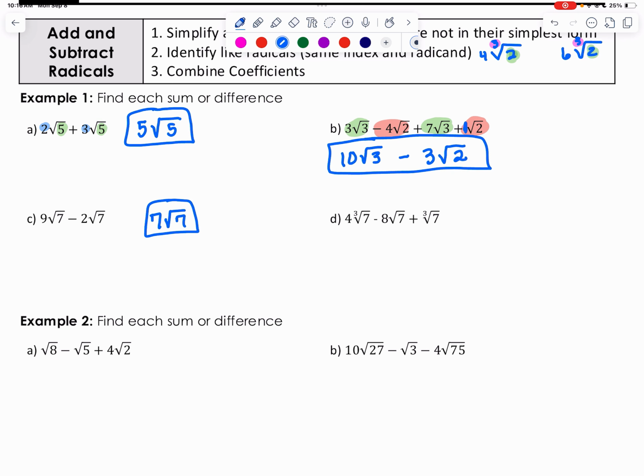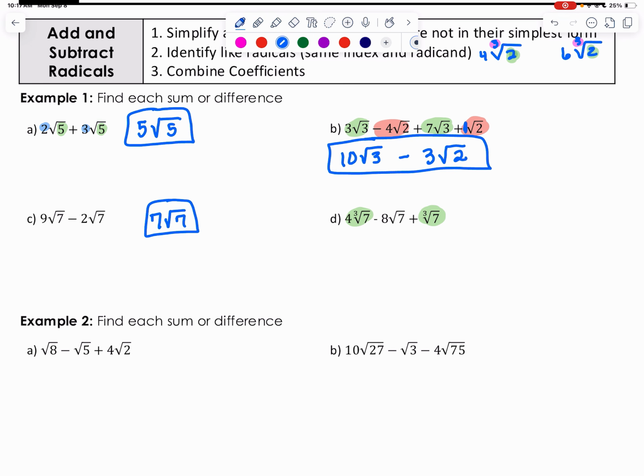Now, problem D, we have 4 cube root 7 minus 8 square root 7 plus cube root 7. Now, if you'll notice, every one of these radical expressions has a 7 as the radicand, but the only two we can combine are the cube roots, because to be like radicals, they have to have the same index and the same radicand.